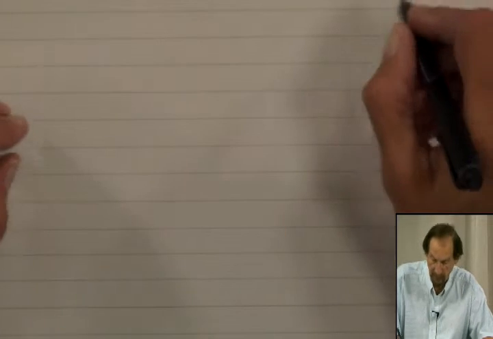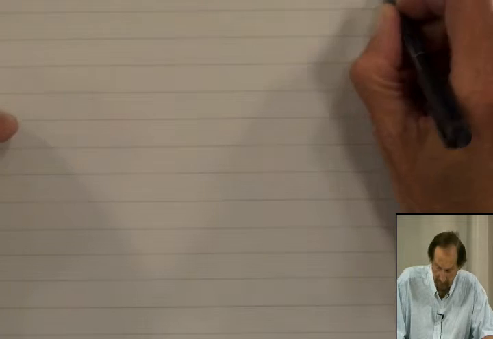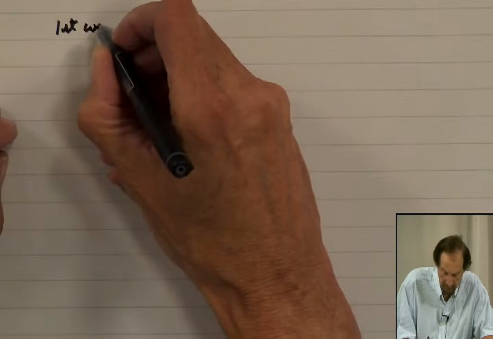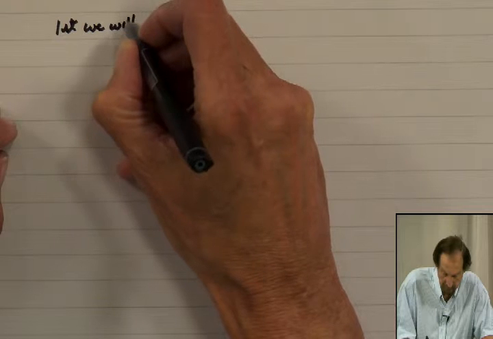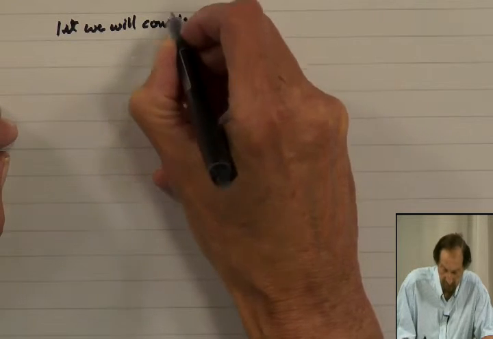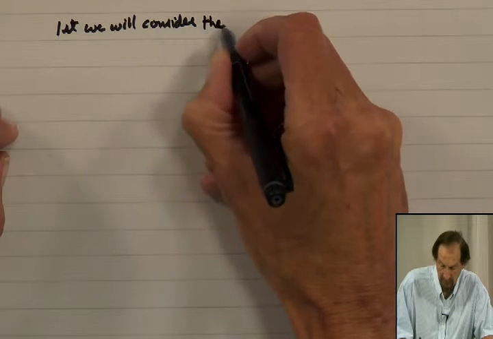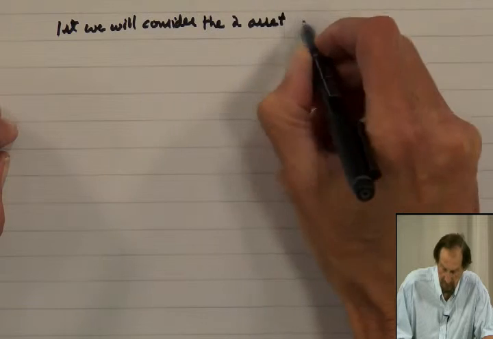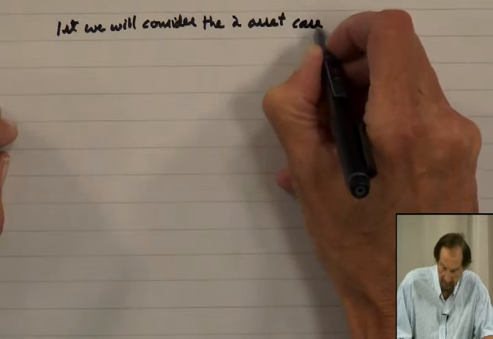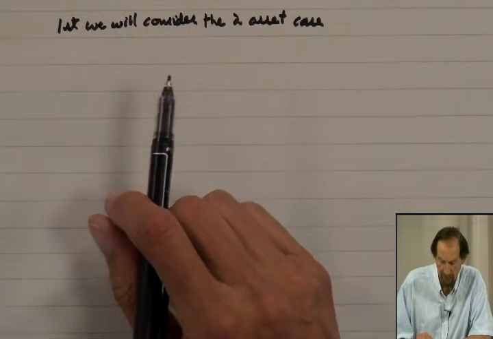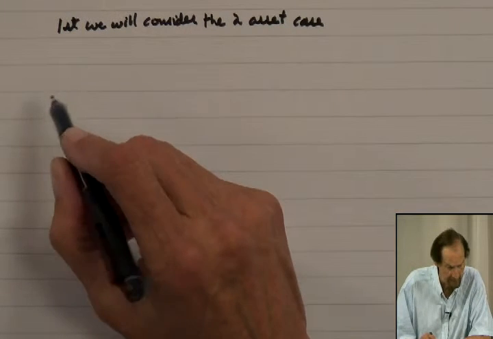And first we'll consider the two-asset case. And we'll see how the two-asset case looks, and then we can extend our results to the n-asset case.